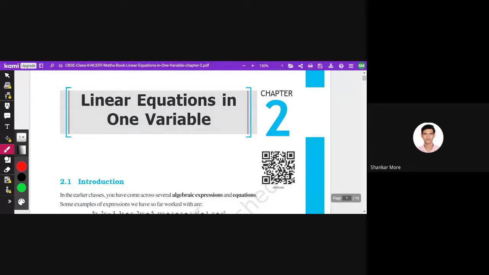Priyal, Anand, Vivek, Tanmay. Four students have put their attendance. Aidur, okay. Shlok. Okay, so I think everybody has put the attendance, right? Okay, so we will continue with our class, students.